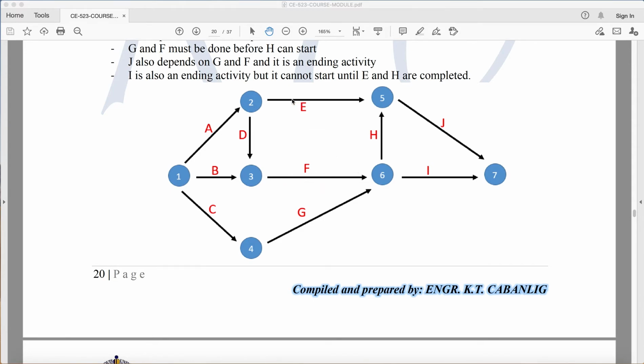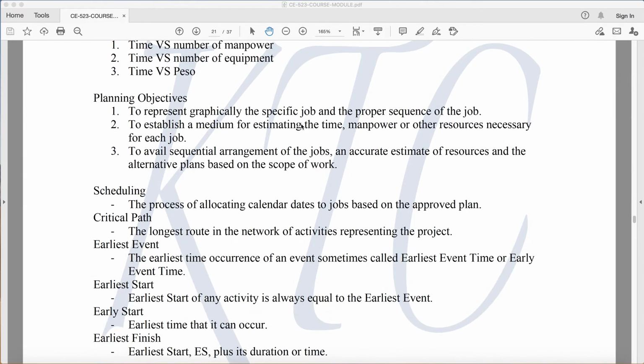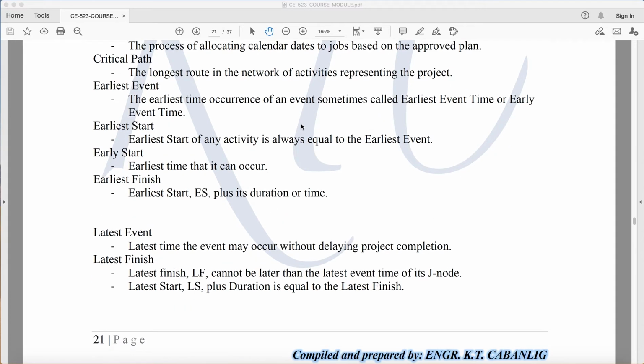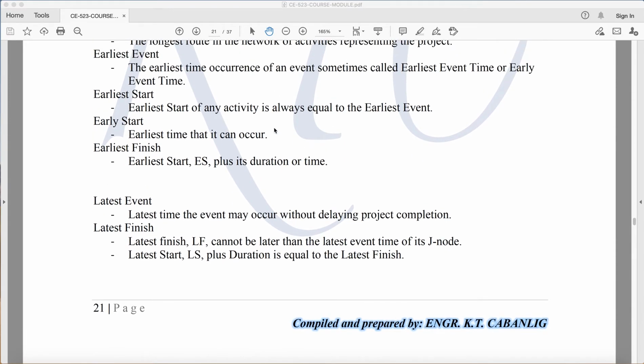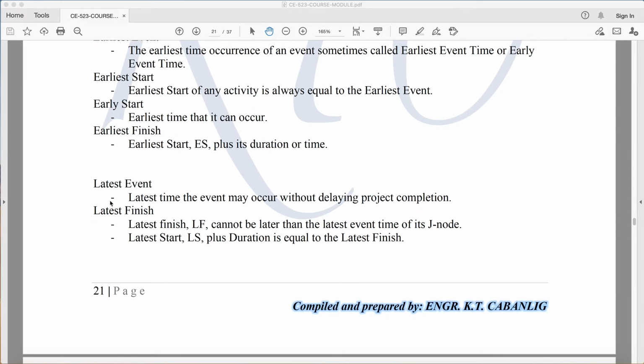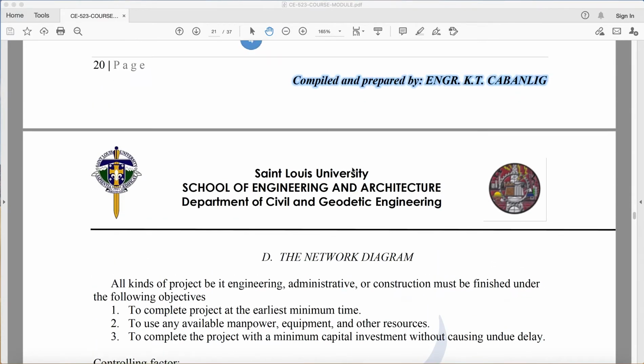Okay? So, ang late start natin dito is on the 3rd day. So, yun yung late start. Nag-start ako on the 3rd day instead of the 1st day. Then, for the latest finish, we have explained that kanina. The latest finish is the 10th day.